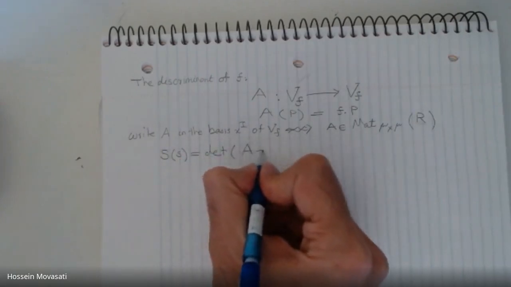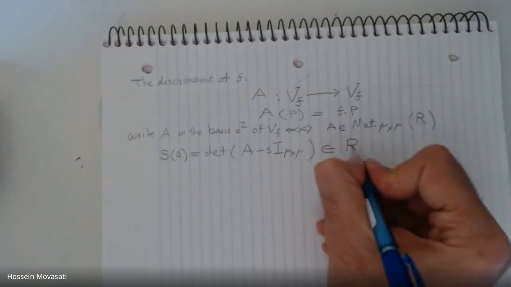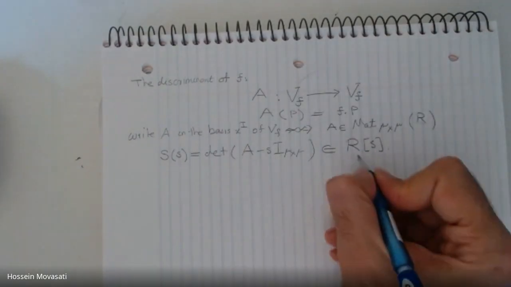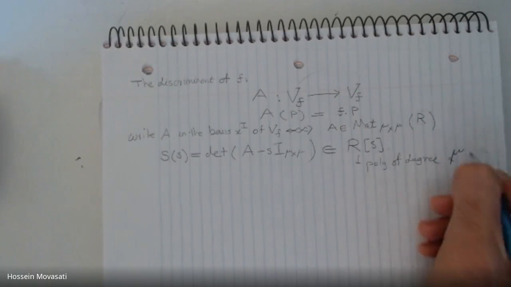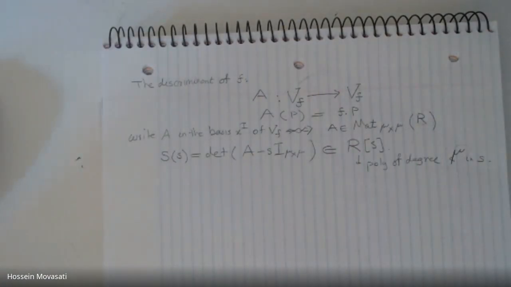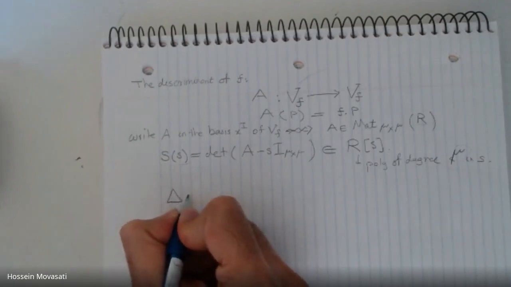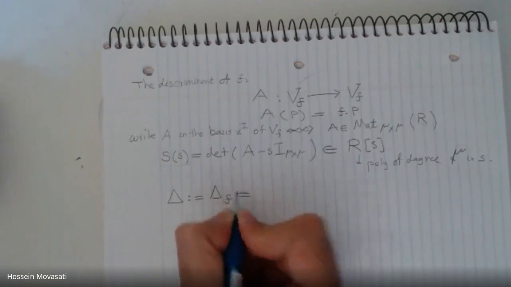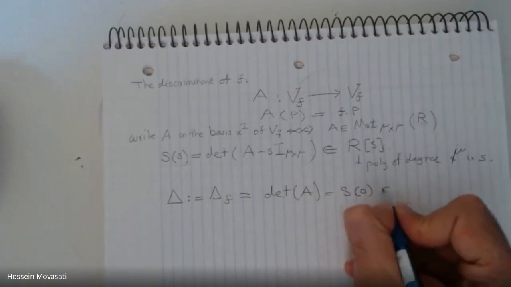So this will be a polynomial in s of degree mu, where the mu comes from the Milnor number. And for the definition of the discriminant, let's say delta f, it will be just the determinant of A, which is just the value at s equals 0, and it will be in this ring R.